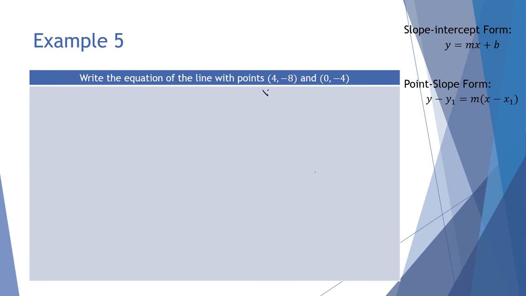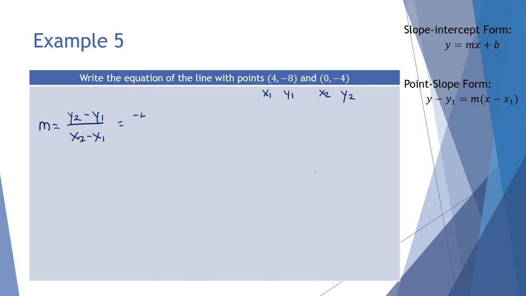So I'm going to label these x1, y1, x2, y2. And so I'm going to start writing my equation for slope, which is y2 minus y1 over x2 minus x1. And we have to find the slope because both of these equations for a line require the slope as part of the equation. So you can't do anything until you know what that is.